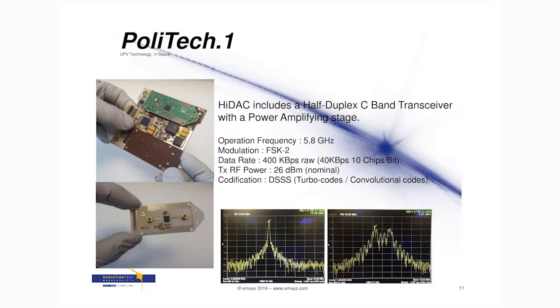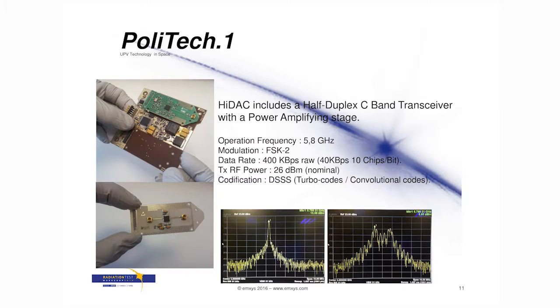This is one example of one of the payloads, the EQM of one of the payloads, which is a communication module in C-band, 5.8 gigahertz. The EQM works to transmit with this carrier and to send data at 400 kilobits per second with codification of turbo codes and convolutional codes.